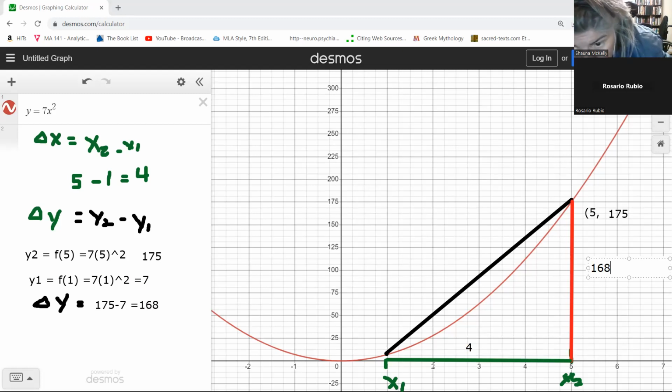Okay. So delta X is how far is it from those 2 points horizontally? See, they gave me 2 X coordinates, 1 and 5, right? How far is it going left to right? It's 4 units. Delta Y is how far is it from the bottom to the top? 175?